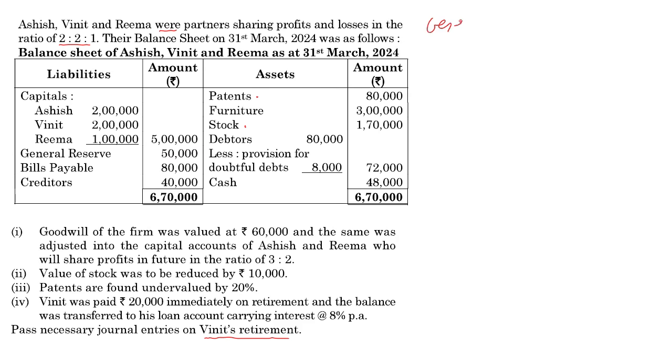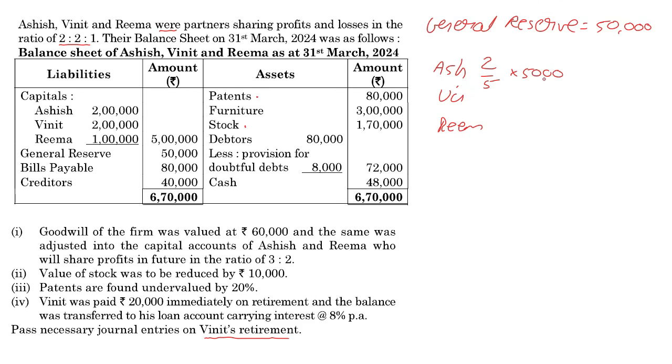So general reserve calculation. Our general reserve is equal to 50,000, which needs to be broken up in the ratio of 2 is to 2 is to 1. Okay, so in the case of Ashish, it's going to be 2 by 5 into 50,000.